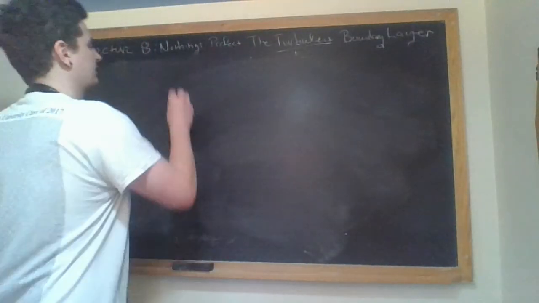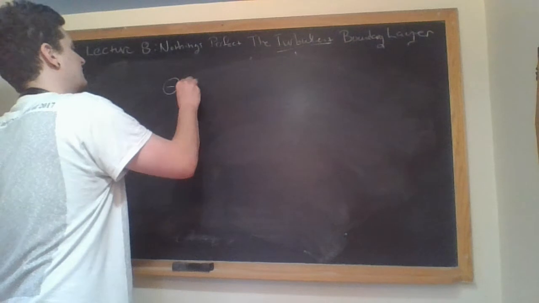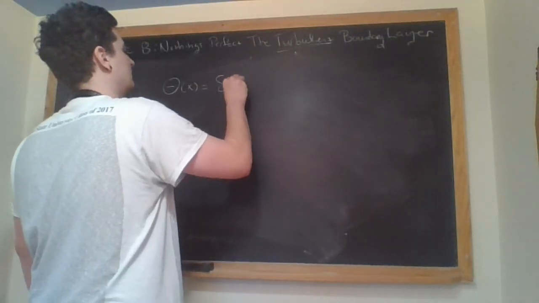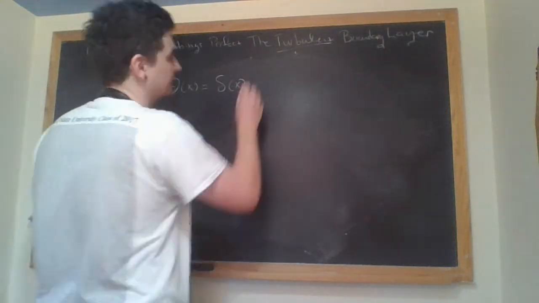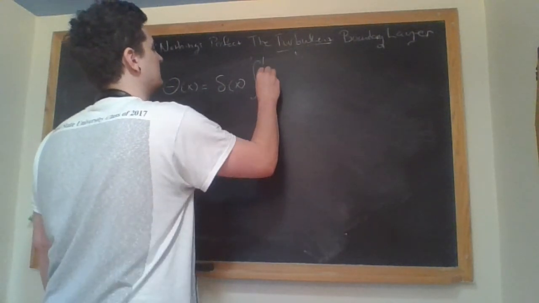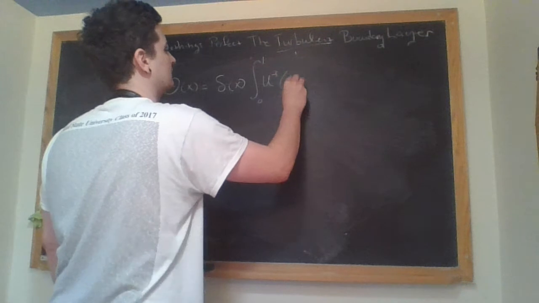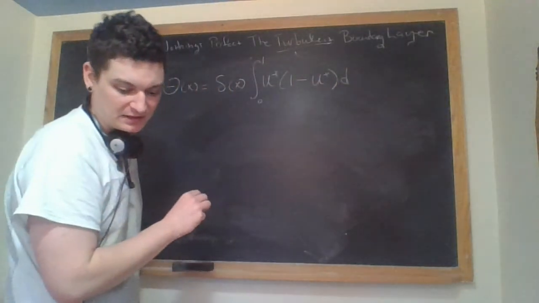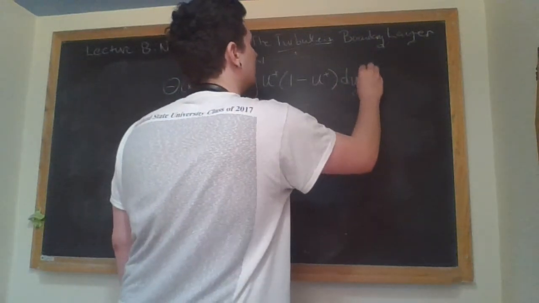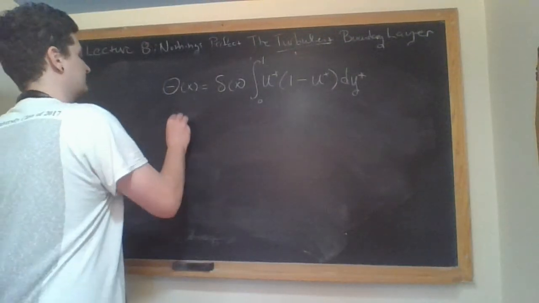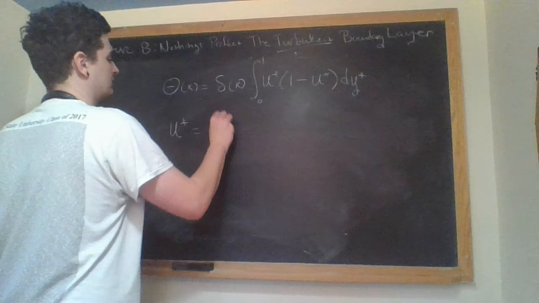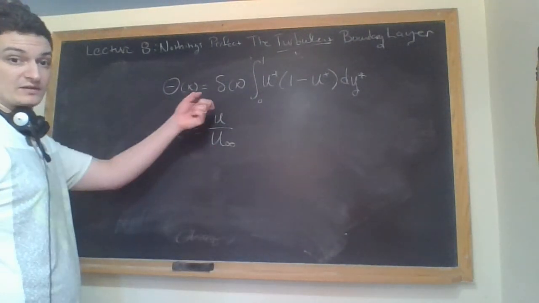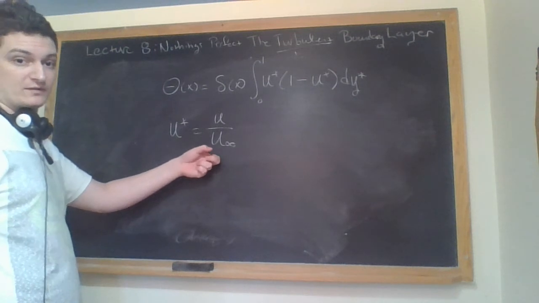So one thing, we're going to write momentum thickness non-dimensionally. We take out this, and then we'll have 0 to 1. And this would be, where this is the non-dimensional velocity, which is going to be the velocity divided by the scale velocity.